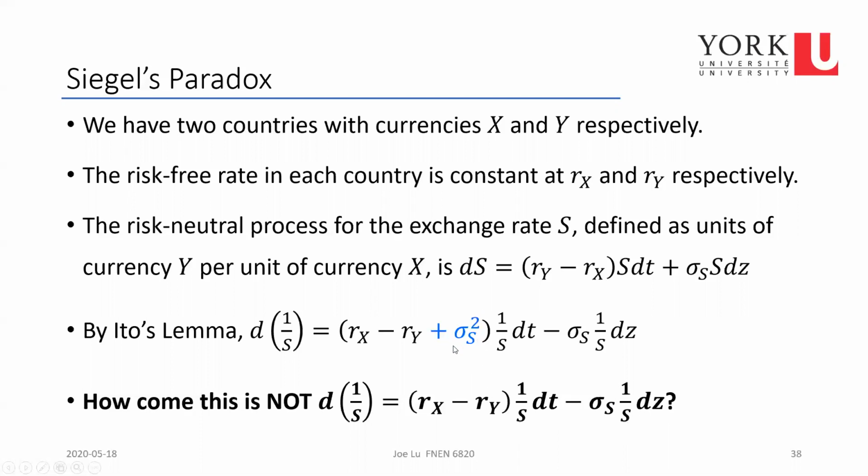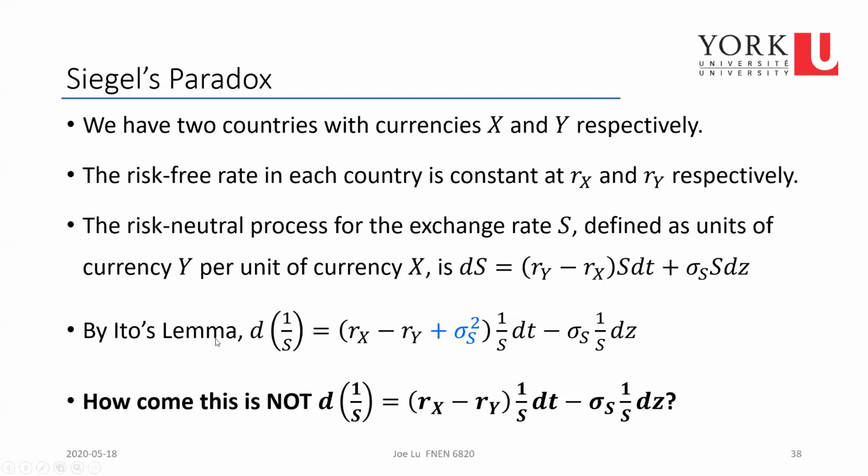And why is there this term here, which is sigma squared S, right? People would have expected for symmetry, if you have something like this for exchange rate expressed one way, if you express your exchange rate the other way, you should have this thing here.